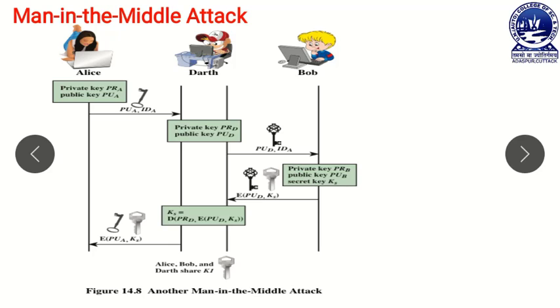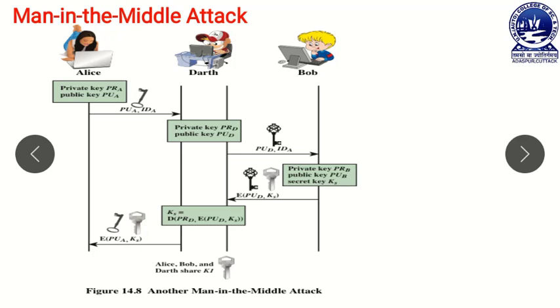Now Darth decrypts this message with its own private key and gets the secret key KS. It keeps that secret key, and again encrypts it using the public key of Alice and sends it to Alice. When Alice receives this message, Alice decrypts it using its own private key and gets the secret key.